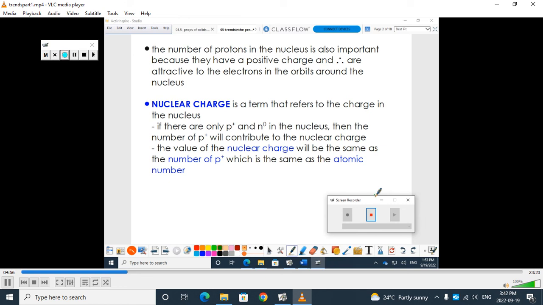It's unfortunate because at first my first thought is nuclear energy, like a nuclear bomb or nuclear reactor, but really they mean what is the charge inside the nucleus. And since protons and neutrons are only in the nucleus and neutrons have no charge, then it's the number of protons. That is the value for each element's nuclear charge.